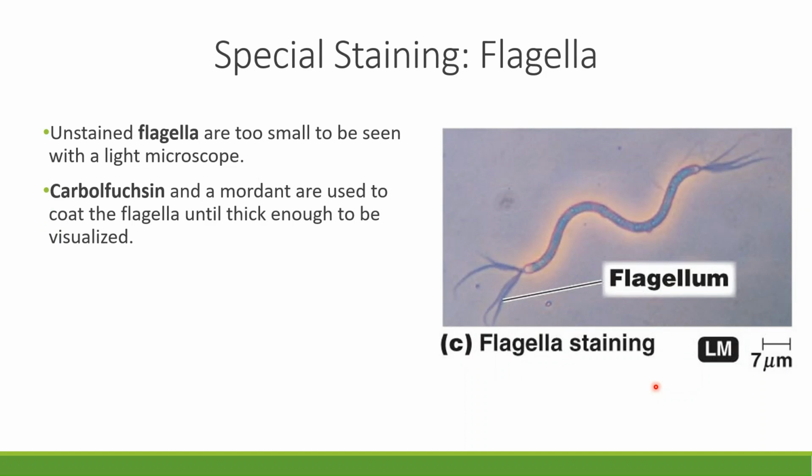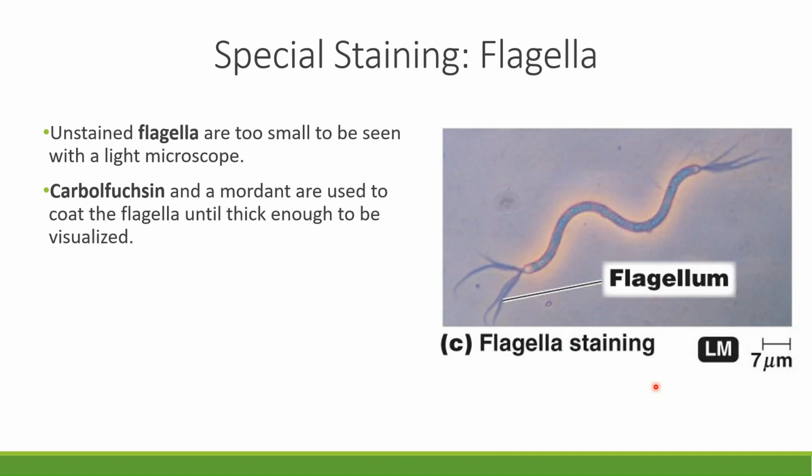The last stain in our discussion is flagella staining. Flagella are very small appendages attached to the outside of microbes, and they often aid in motility. Most bacteria are only, again, about 1 to 2 micrometers wide. And so these thin appendages coming off of them are even more extremely difficult to see with the resolution of a light microscope.